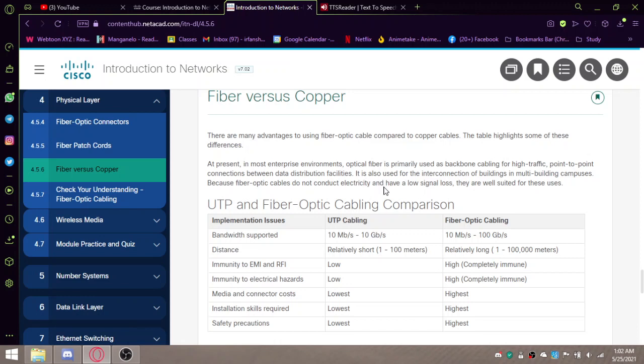It is also used for interconnecting buildings in multi-building complexes. Because fiber optic cables do not conduct electricity and have a low signal loss, they are well suited for these uses.